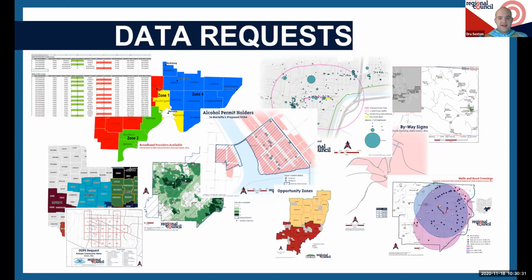So she needed us to identify how many wells were within a specific distance of those roads. Down there in the lower right-hand corner, you can see a little bit of the output from that. We were able to help her provide the mapping and spatial analysis for that, and it ended up helping her to successfully get awarded the grant. So that was a good thing.